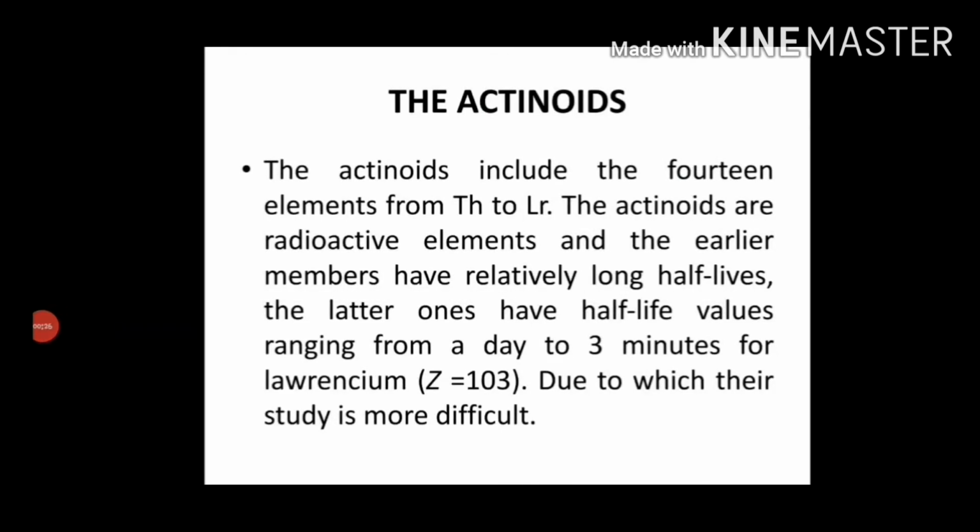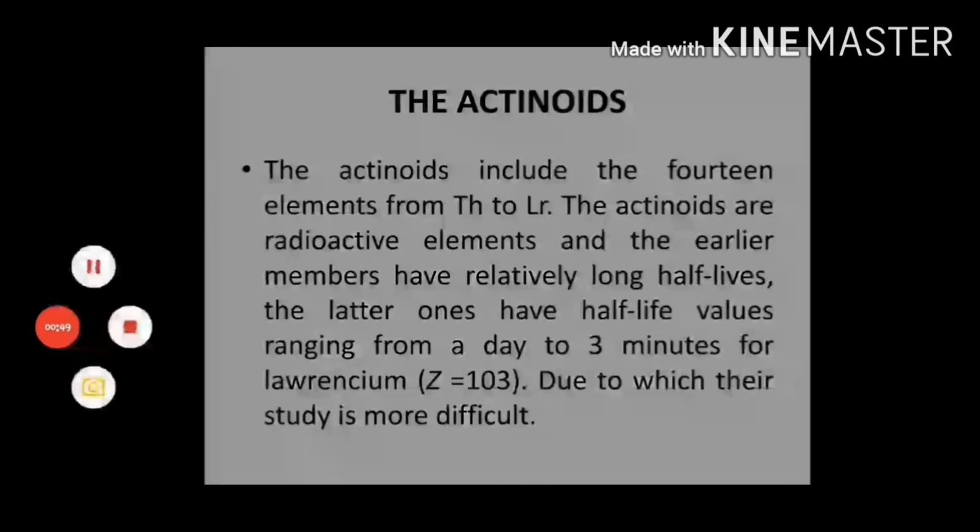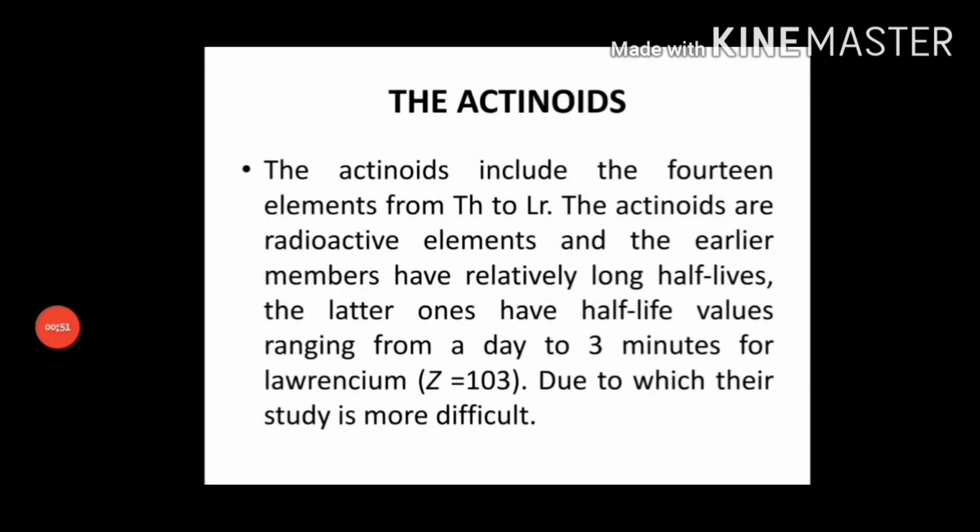The chemistry of actinoids is more complicated due to the existence of greater range of oxidation states for these metals. Moreover, all these metals are radioactive with short half lives, due to which their study is more difficult.